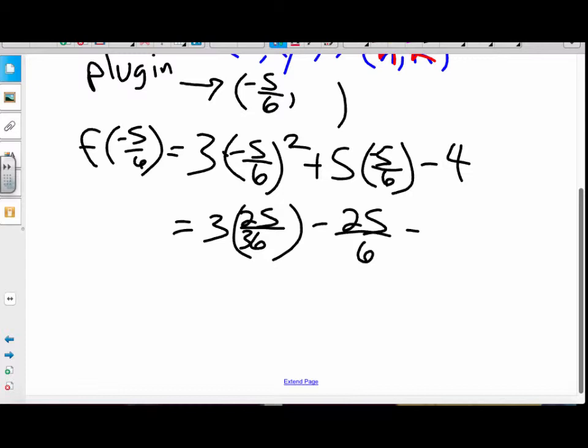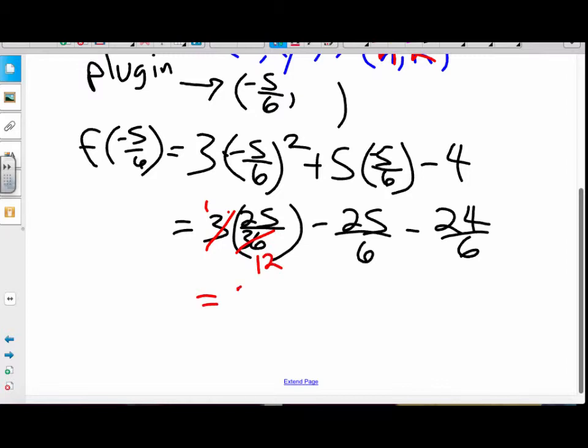So what's another way to write 4? Is 24 over 6 the same as 4? Yeah. So I'm going to write this as 24 over 6. All right. Whew, we're getting there. Now, what happens with the 3 and the 36? If I divide 3 by 3, I get 1. If I divide 36 by 3, I get 12.